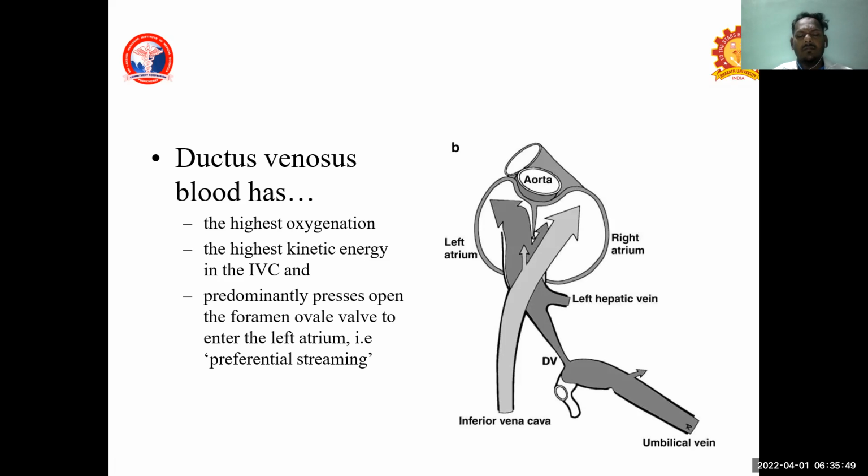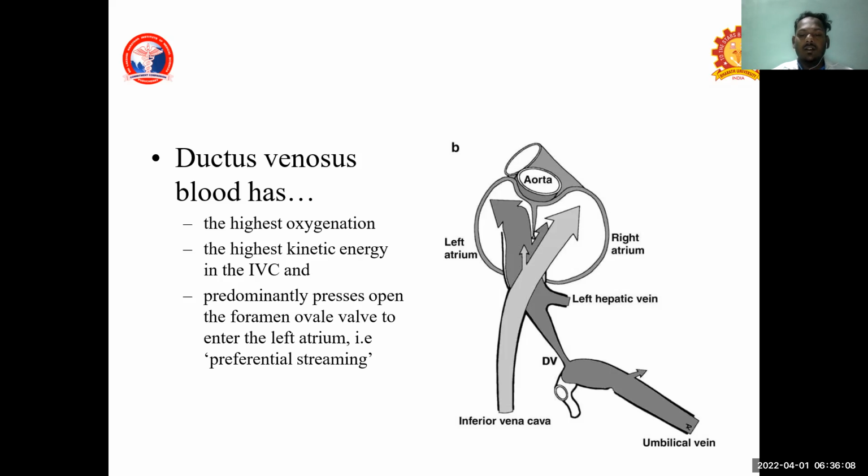Okay. The ductus venosus blood has the highest oxygenation because it is directly carrying the blood which comes from the placenta. It has the highest kinetic energy in the IVC.